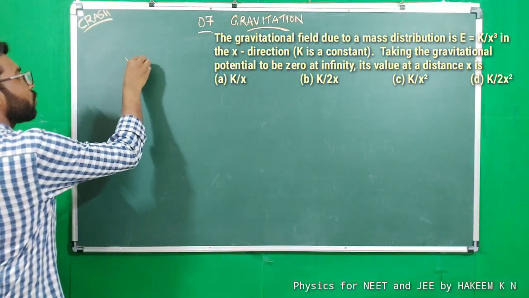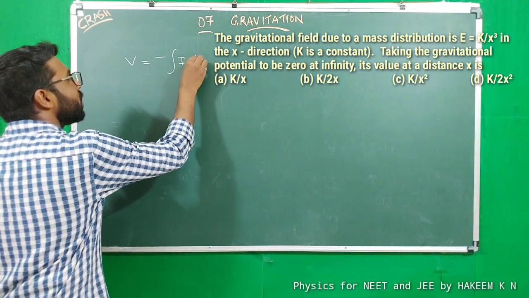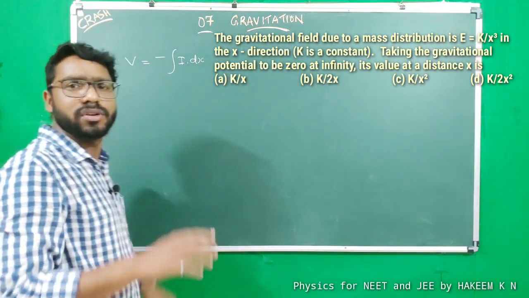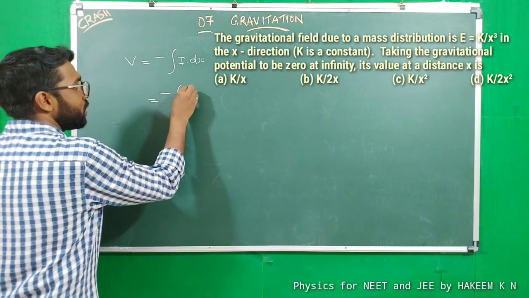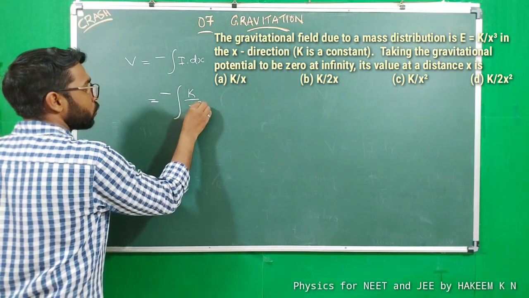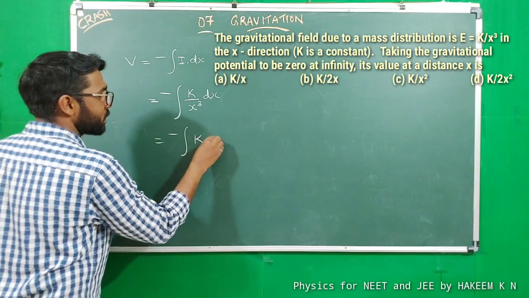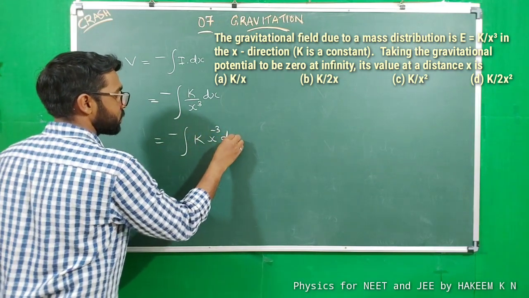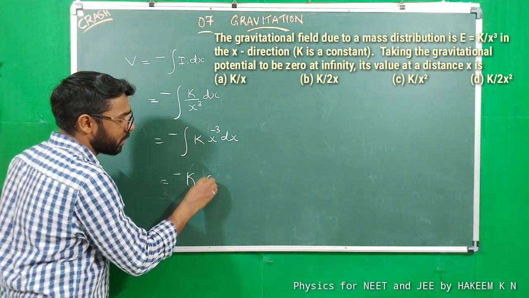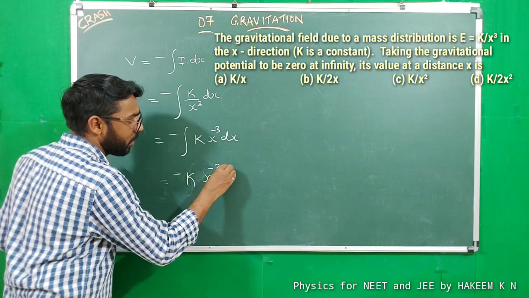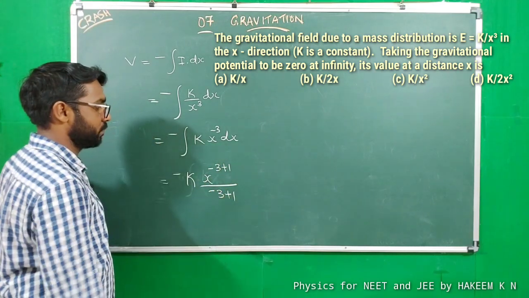So V equals minus integral I dot dx, because a function of x is given. Okay. Minus integral of k by x cube dx, which is minus integral k into x raised to minus 3 dx, minus k into x raised to minus 3 plus 1 divided by minus 3 plus 1.